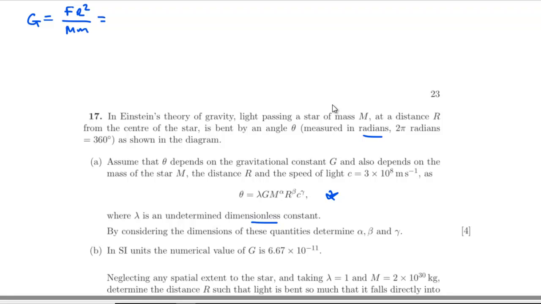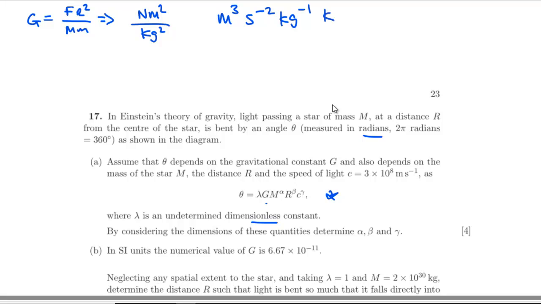So in terms of units, we've got newtons meters squared over kilograms squared, because newtons are kilograms meter per second squared. So we've ended up with meters cubed, seconds to minus 2, kilograms minus 1. That's the G bit.